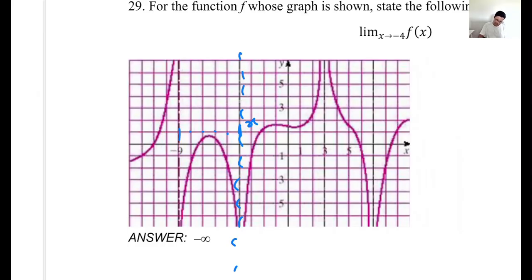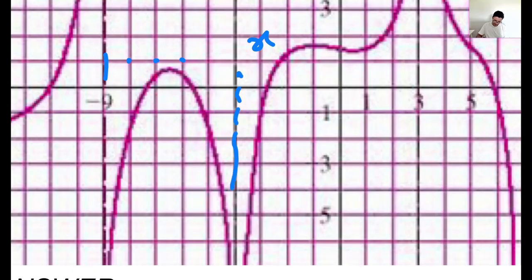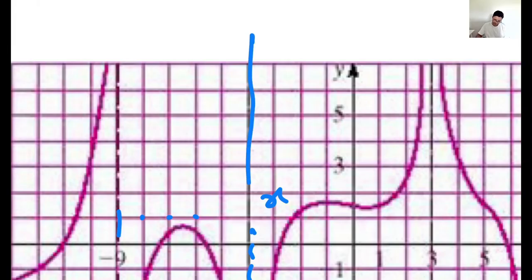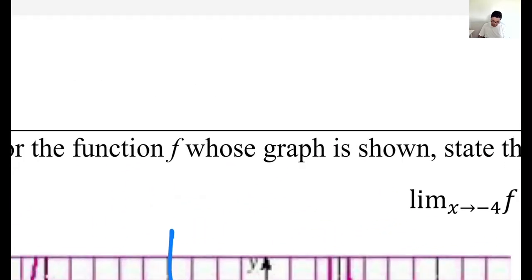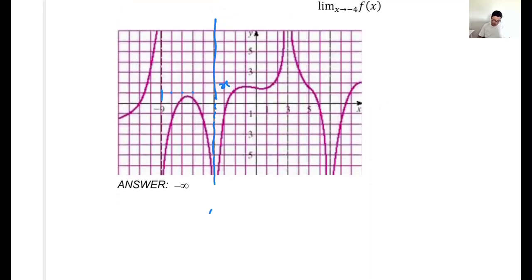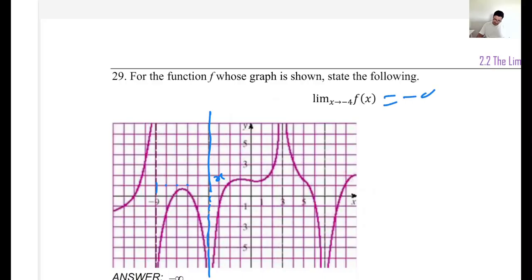So because it has a vertical asymptote, it has an infinite limit, but it is approaching the same side with values less than -4 and more. Okay, less than -4 and more. So it is safe to say this limit is negative infinity.